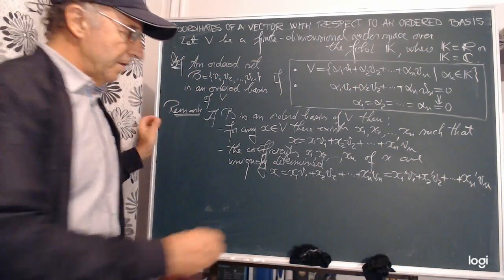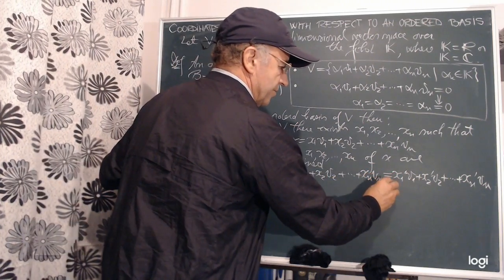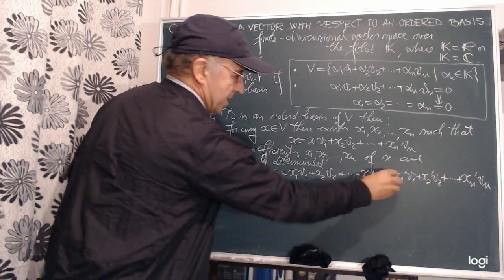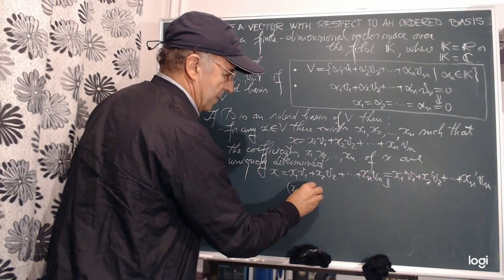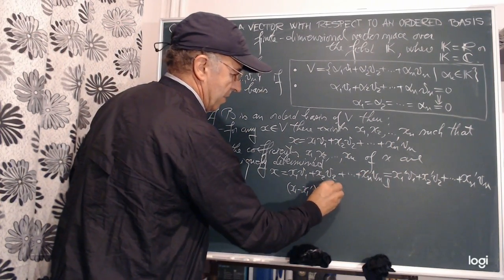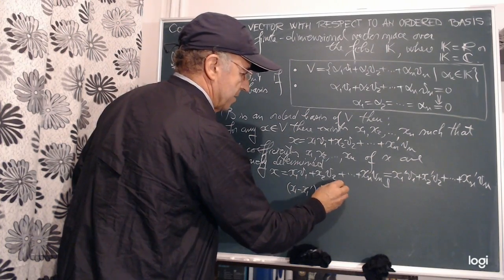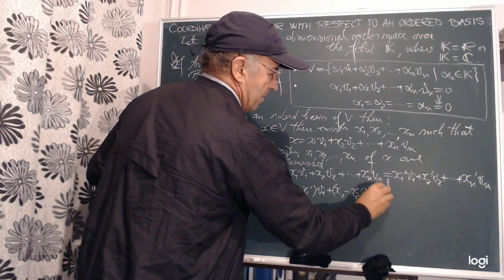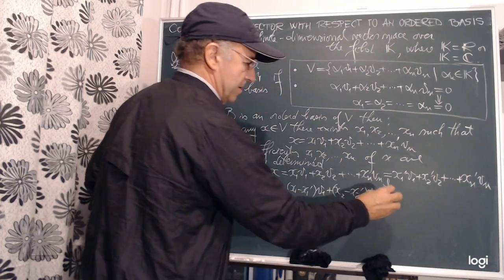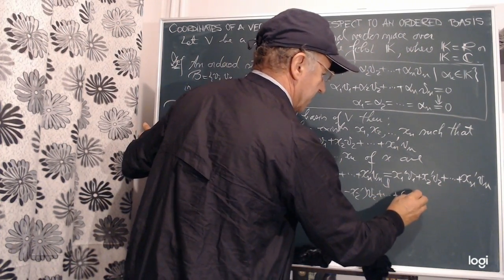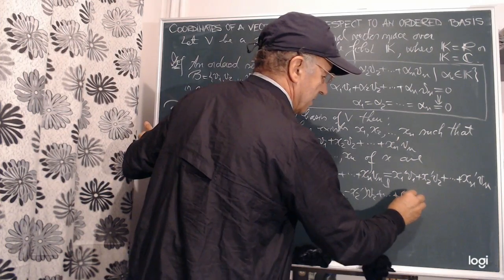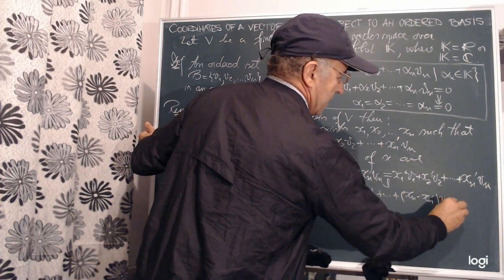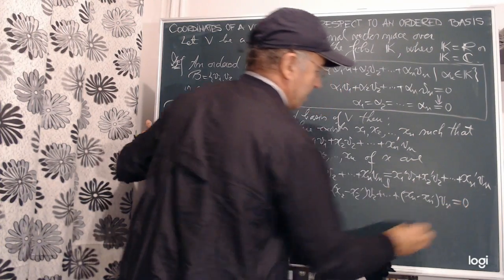Then this relation can also be written as x1 minus x1 prime times v1 plus x2 minus x2 prime v2 plus so on, xn minus xn prime vn equals 0.